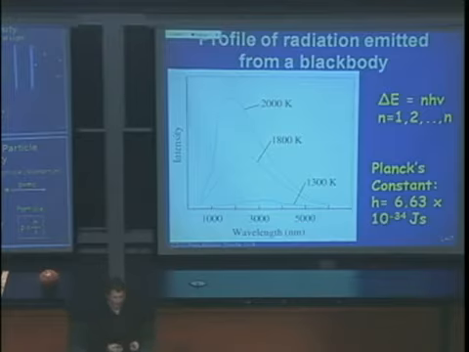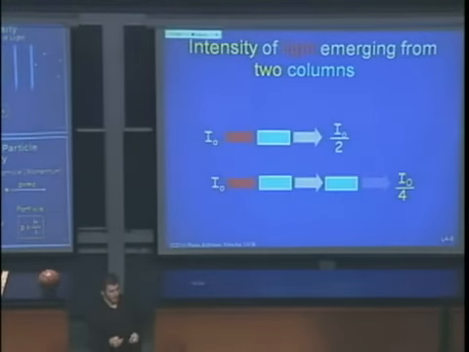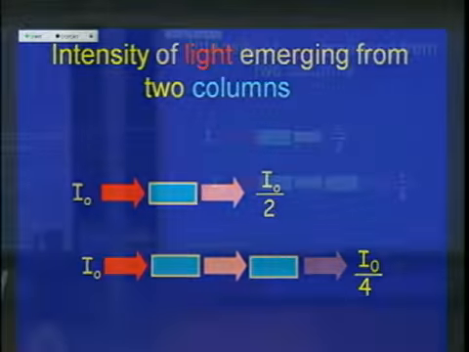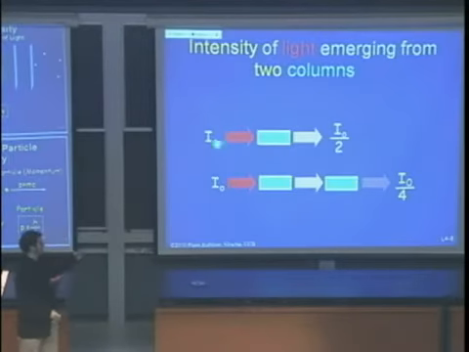So that was all well and good, and then, okay, we've solved the black body problem. But let's move on here and let's think about light in another way. So if we have a light source with a given intensity I naught, let's say we put a filter that cuts the intensity in half.